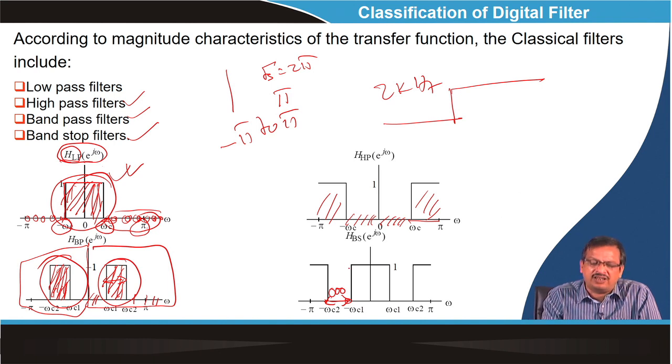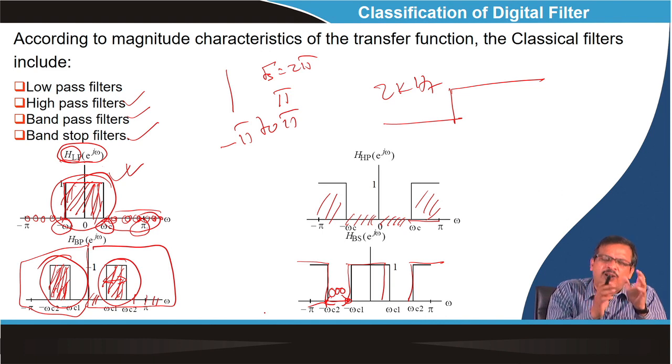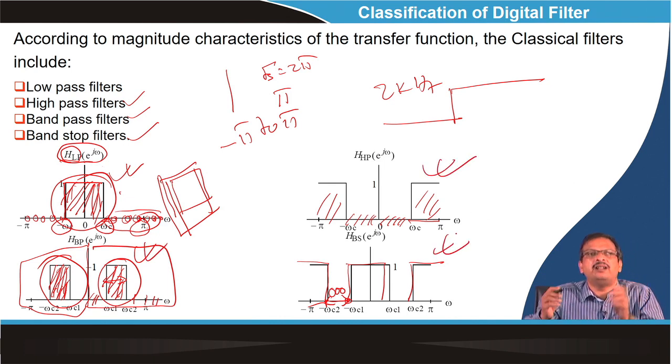So it is a combination of a low pass filter and a high pass filter. It is nothing but a band pass filter. So basically, if I am able to design this low pass filter, I can implement a band pass filter, a high pass filter, and a band stop filter.